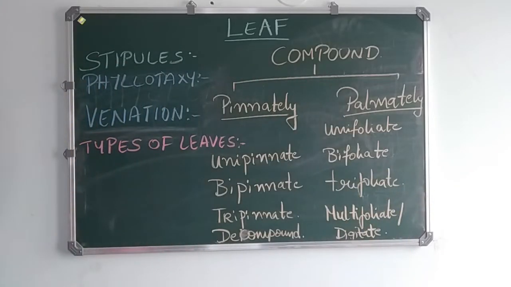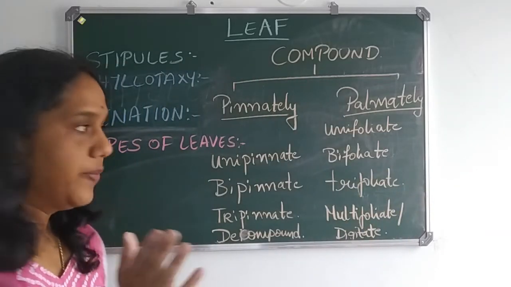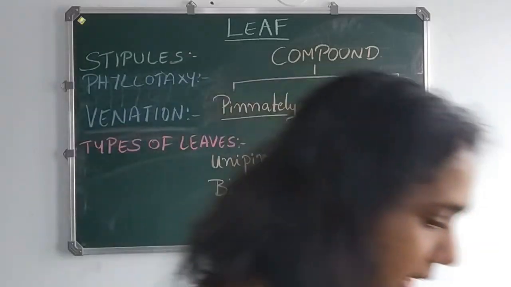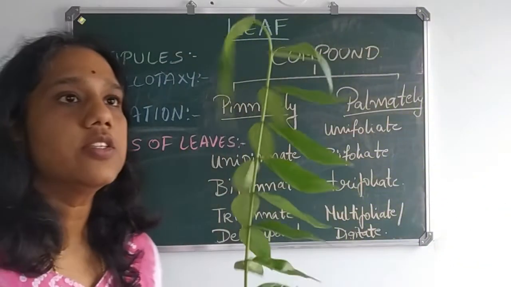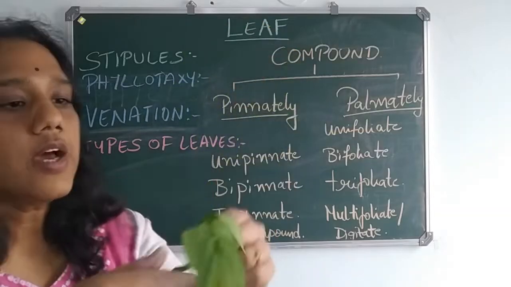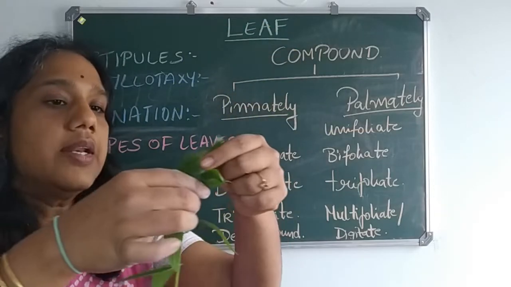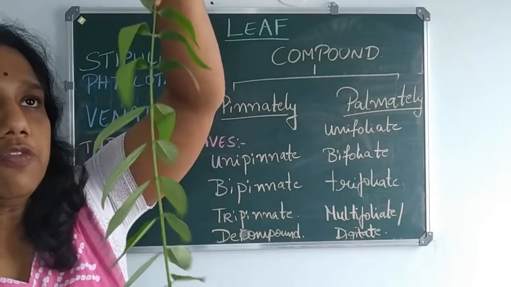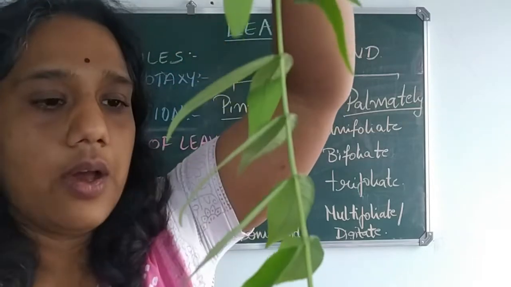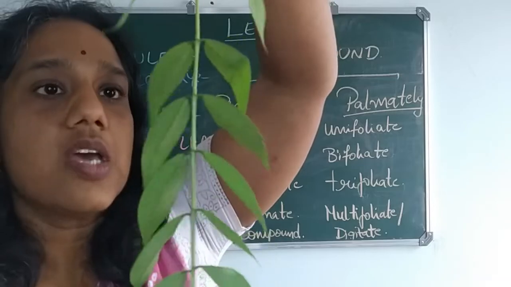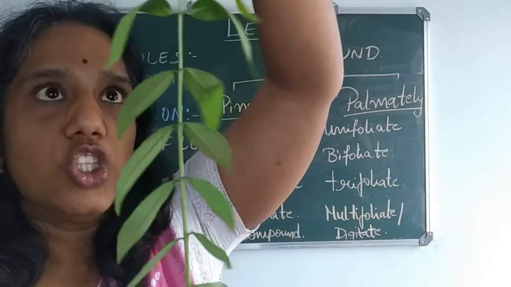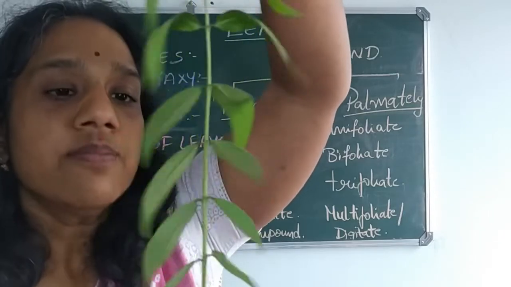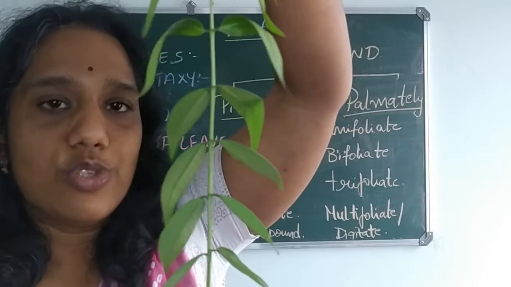Okay, first we will look into the pinnately compound leaf. Right now, whatever I showed you here, students, is a pinnately compound leaf. It shows a long running rachis, and the leaflets are arranged on the opposite sides. They are actually opposite superposed.